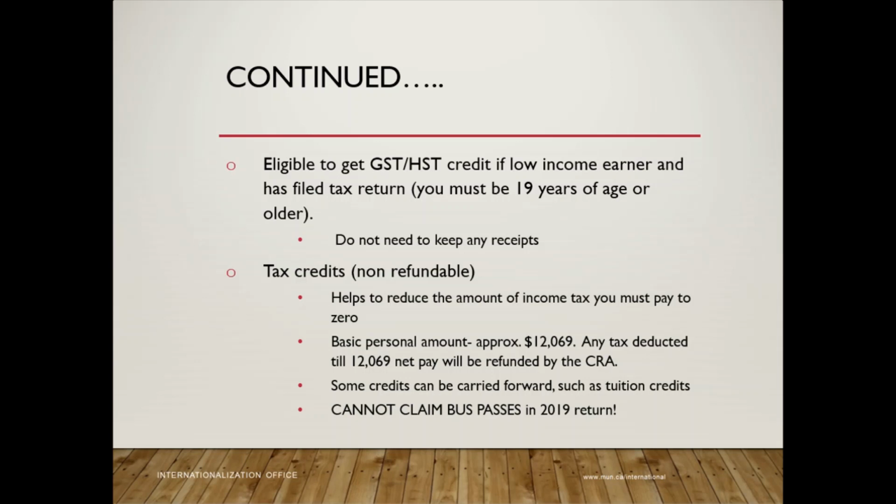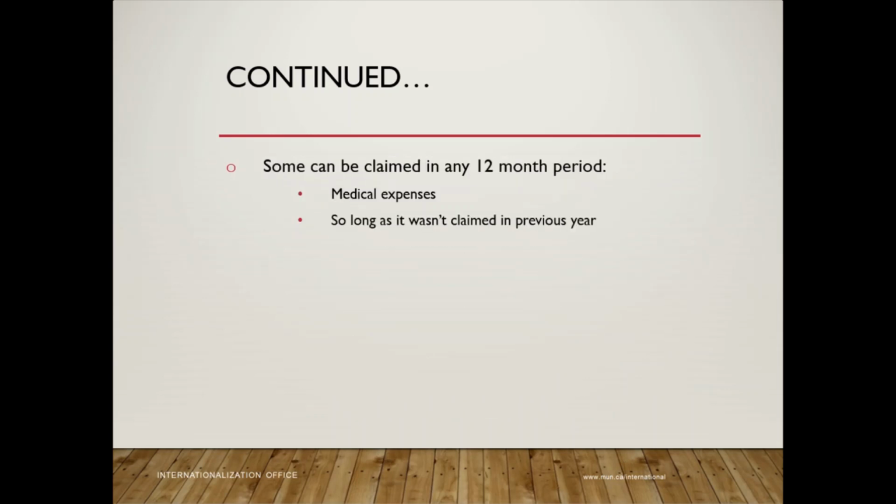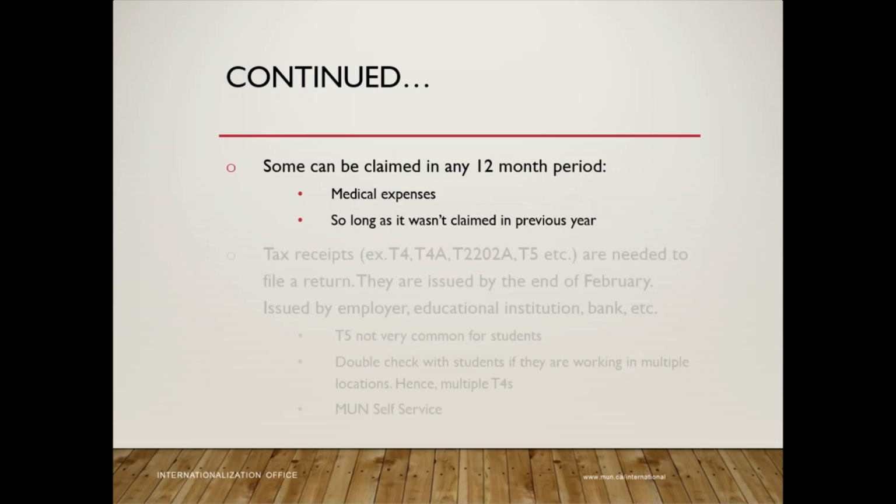Now, the tuition fee which we pay will be collected as credits known as tuition credits, and in 2019 we cannot claim bus passes. We were able to claim bus passes in previous years, but not now. Now, we can also claim medical expenses in the last 12-month period, meaning January to December, as long as it was not claimed in previous years.